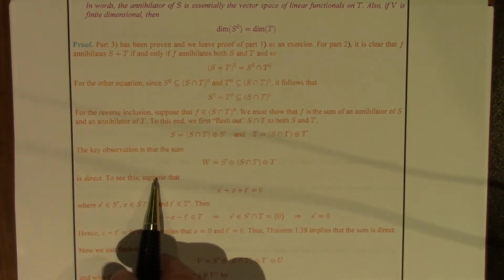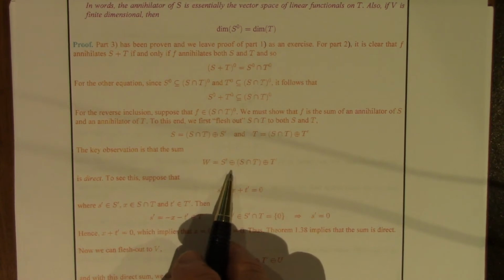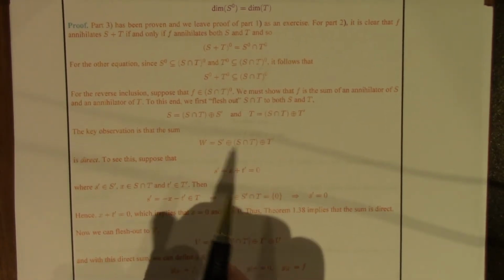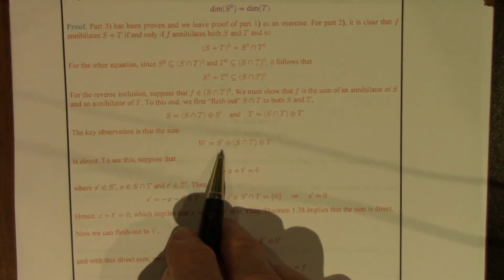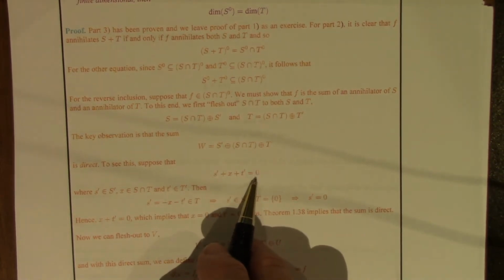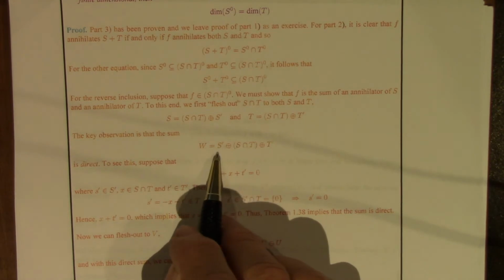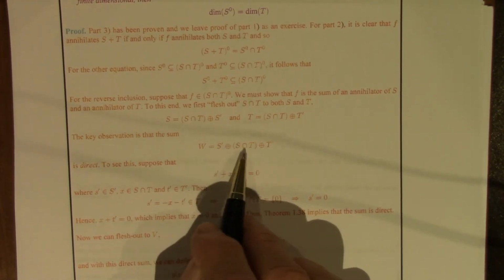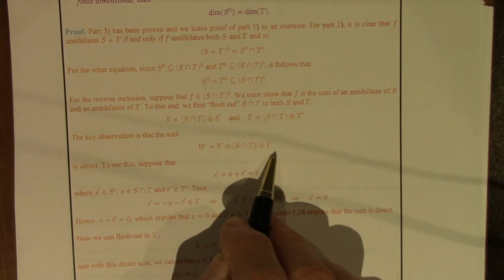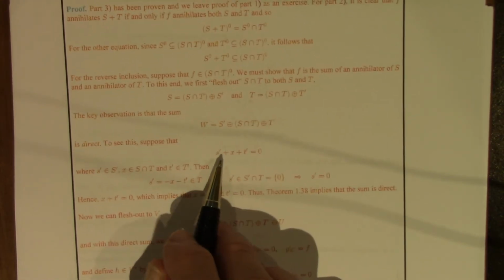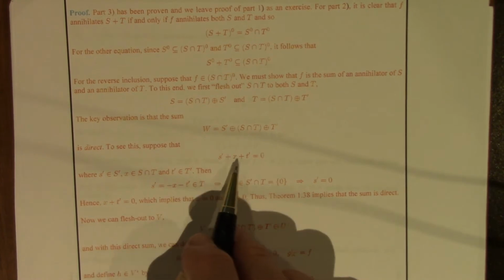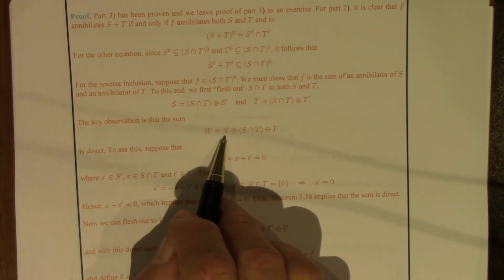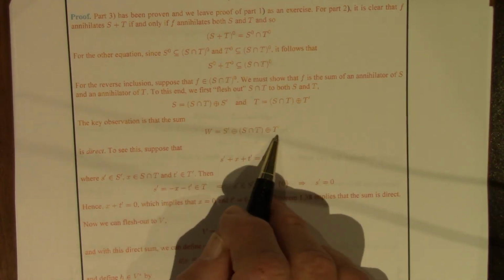So, to see this, we have to check for strong essential disjointness, or equivalently that the zero vector has no non-trivial expression as a sum of vectors from each of these subspaces. So let's say S prime plus X plus T prime is 0. S prime comes from here, X from here, and T prime from here.